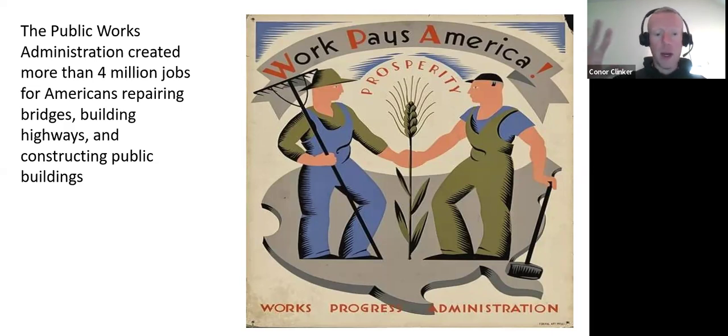I'm talking granite, marble, oak, sculpture, columns, stained glass windows. I mean, the public schools built during the 1930s are beautiful buildings. Okay.